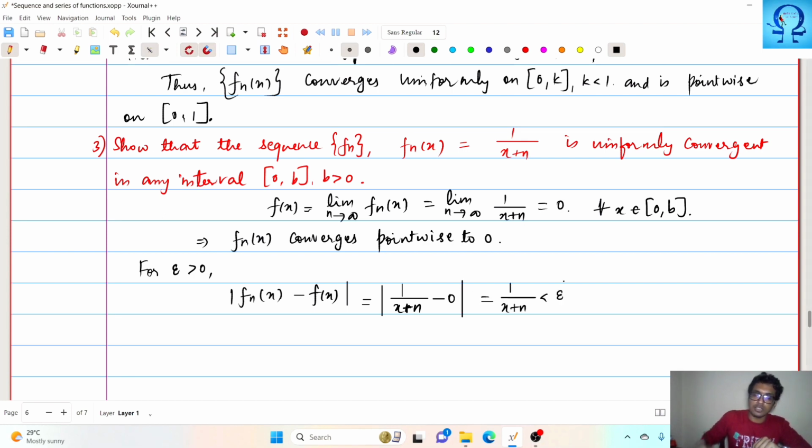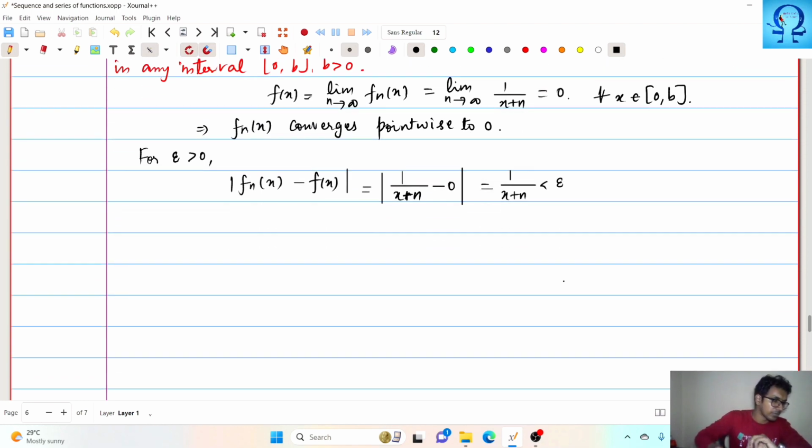We expect this to be less than epsilon, right? This is going to happen if x plus n is greater than 1 upon epsilon, that is, n is greater than 1 upon epsilon minus x.